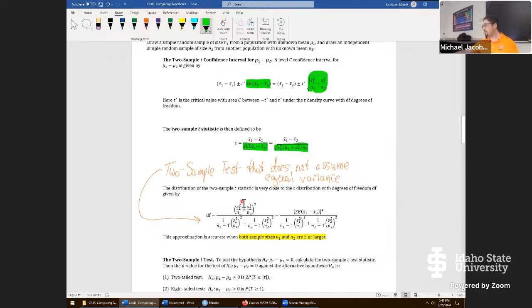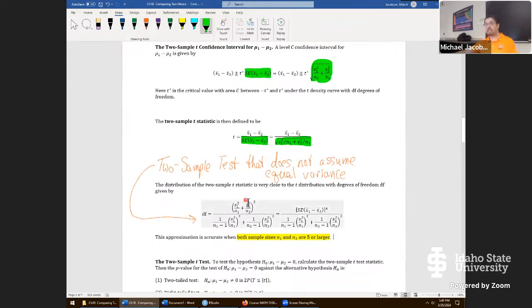S1 squared over N1, let me zoom in on this, plus S2 squared over N2 is just that quantity. Because it's not been square rooted, you could take this to the power 2, and raise that to power 4. You get just the standard error to the 4th power, and that's something you calculate anyway. So this saves a lot of time in getting the degrees of freedom. Really, you're just looking to the denominator to calculate it.